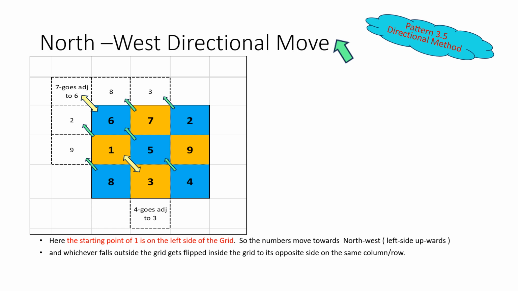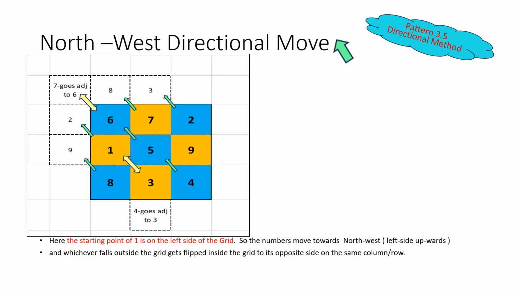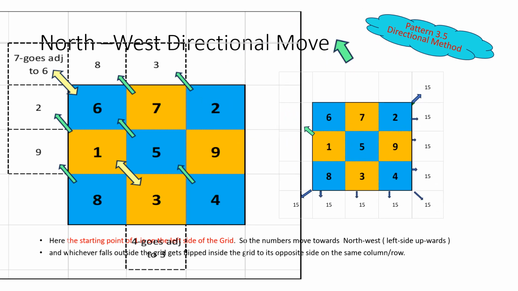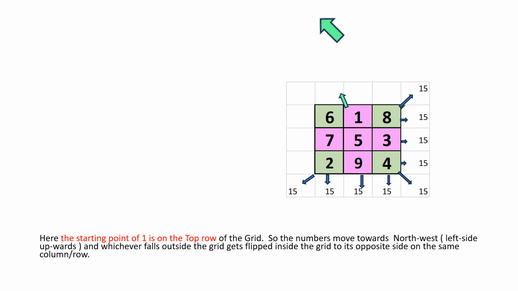Here, the first number lies on the north, so slowly move towards northwest. 2 is flipped inside, column 3. 3 gets flipped inside, third row. After 3, it's preoccupied by 1, so 4 gets adjusted adjacent to 3. So observe the next numbers 8 and 9, which are also flipped inside the grid. So here it's come, the magic square.